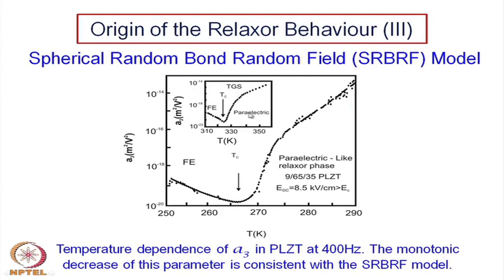So, this is the paraelectric phase, this is the transition phase. I am not going to the details of this analysis, except that it gives an indication that the nano size domains do exist, which is different from that of the normal ferroelectrics.